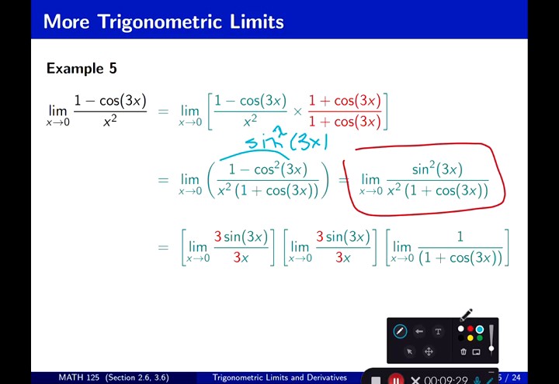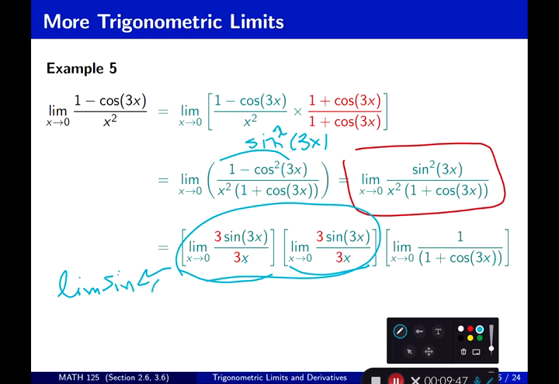First, we put in limit as x approaches 0 of sine of 3x over x, another limit as x approaches 0 of sine 3x over x, that these two together make that limit of sine squared 3x over x squared as x approaches 0. And then keep the 1 over 1 plus cosine 3x separately.